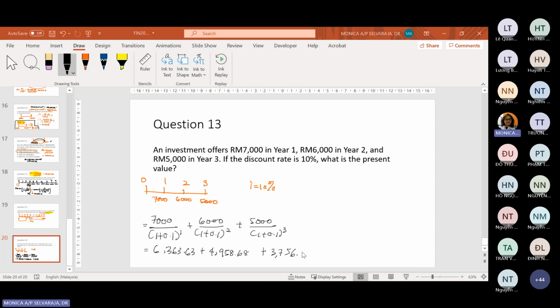Put the formula first, not the answer. I didn't ask you what the answer is. I said, what's the formula? The formula is present value equals future value divided by 1 plus i to the power of n. And then what's the workings?